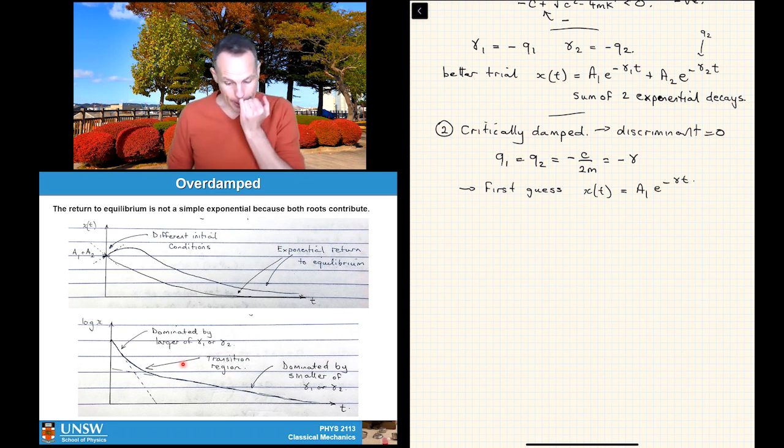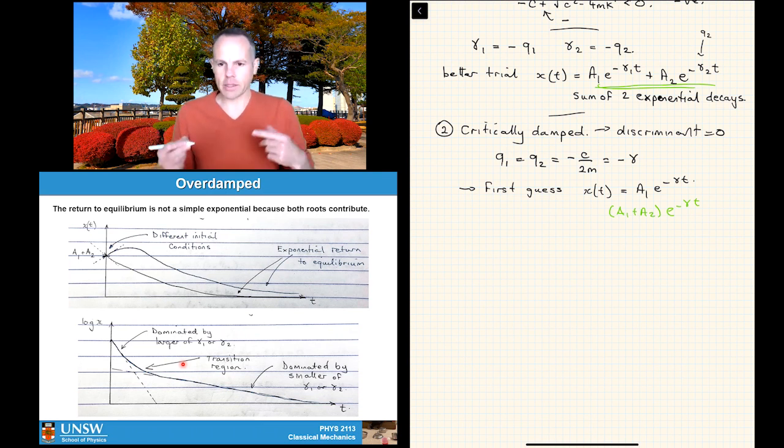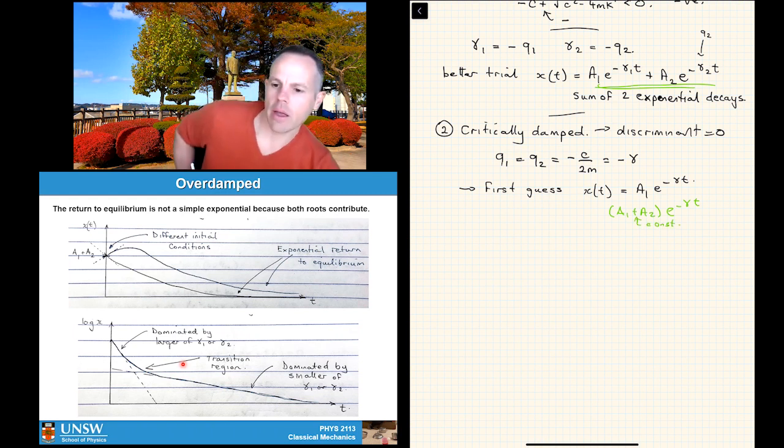Really what we're doing is taking the case up above and saying, if gamma 2 is gamma 1, then we can add those two exponentials together. What we would have then is a1 plus a2 times e to the minus gamma t, and then we might as well call a1 plus a2 just a1, because it's really just a constant.